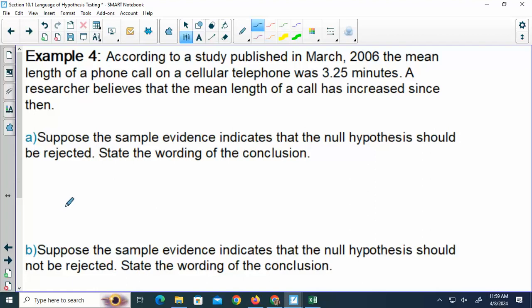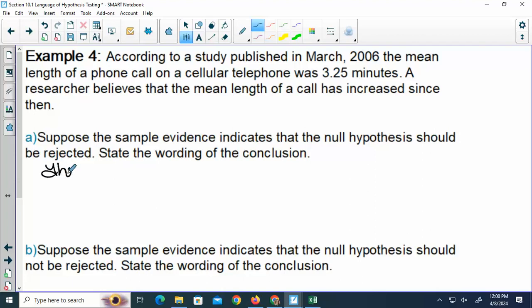Last one for today. According to a study published in March 2006, the mean length of the phone call is 3.25. That's one of the examples we've been using. A researcher believes that it has increased. So, this is how we're going to practice wording our conclusions. Suppose the evidence indicates that the null should be rejected. How would we write our conclusion?